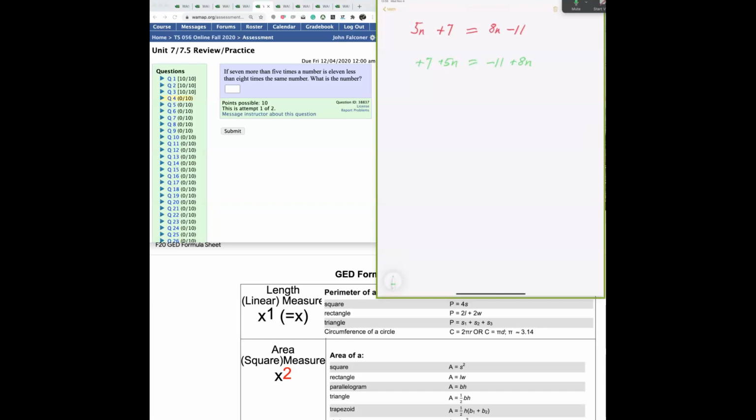So we could reorder this, put it in a new order, as 5n plus 7. And that's going to be equal to 8n minus 11. So it doesn't matter too much how you order these at first, but eventually you'll get in the habit of putting them into grammatical math order.